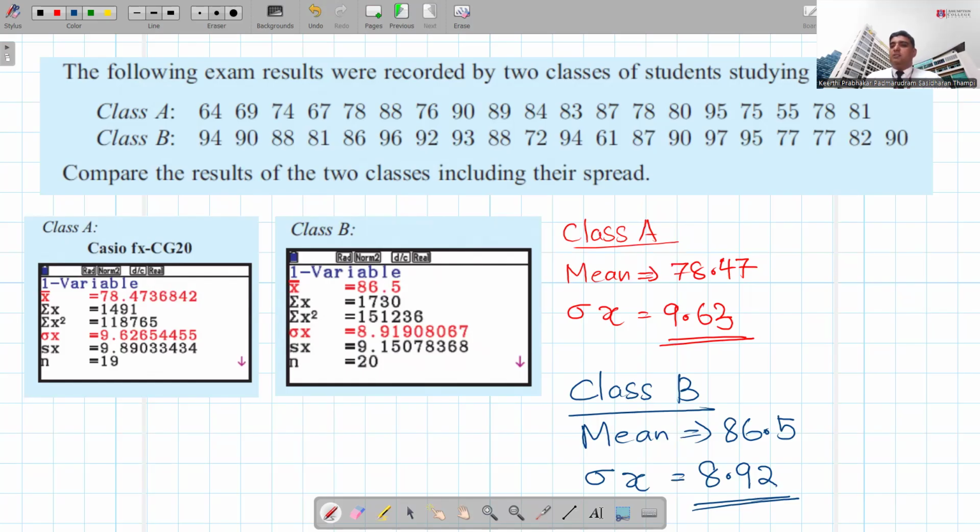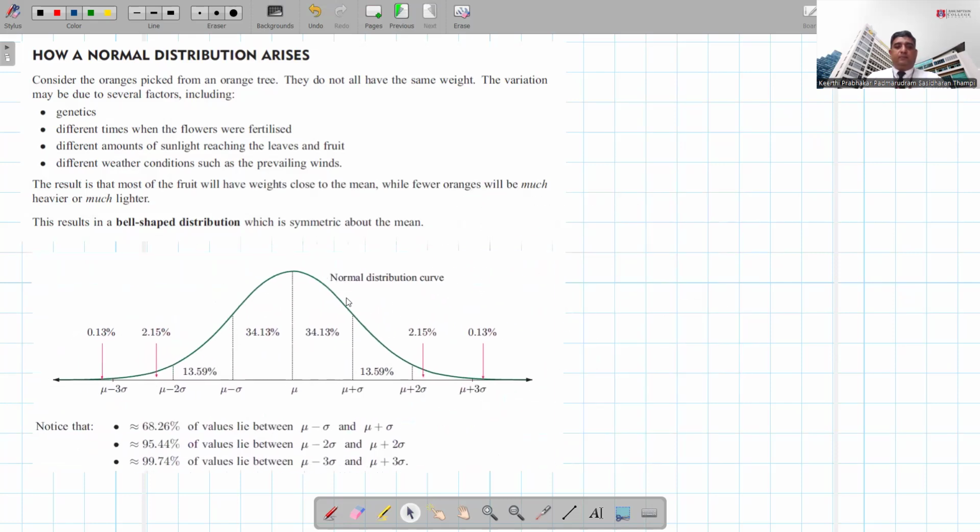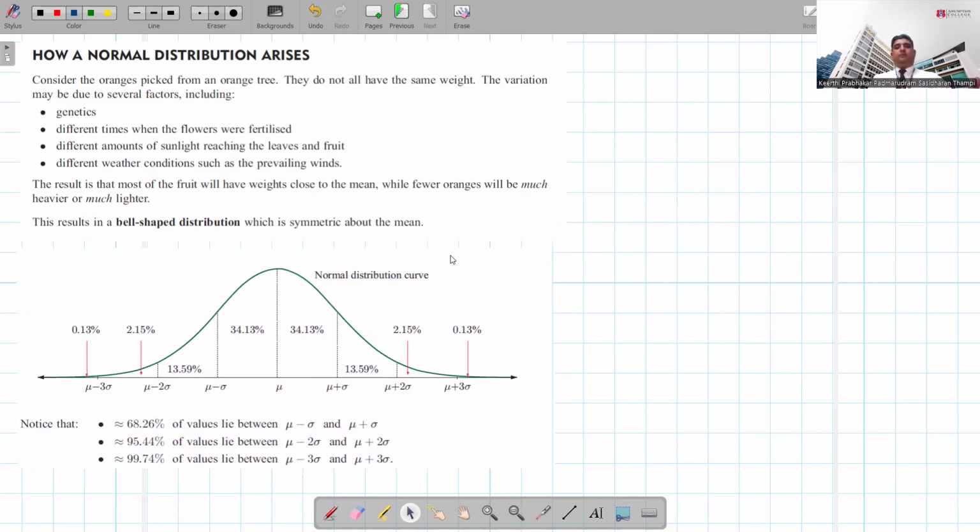So, to begin, please take a look. I will also show you the normal distribution table. Take a look. I hope all of you can see this very clearly.